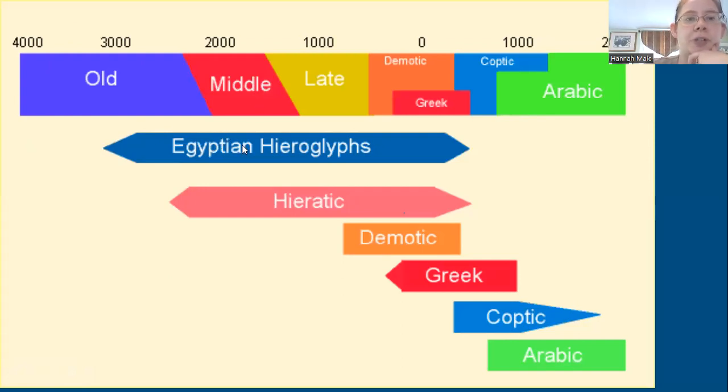So you have Egyptian hieroglyphs that were around these general calendar years, and then you have hieratic, which was around a little bit later and is a simplified form of hieroglyphic. And then you have these later variants here as well.